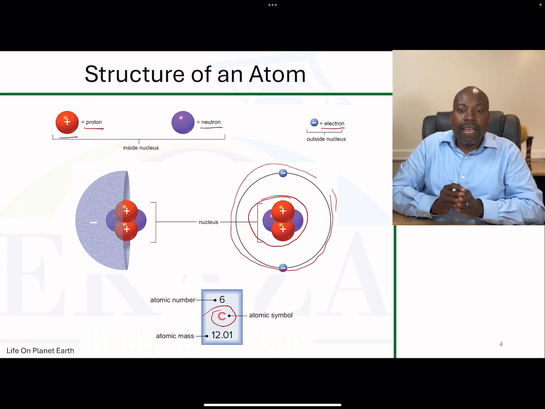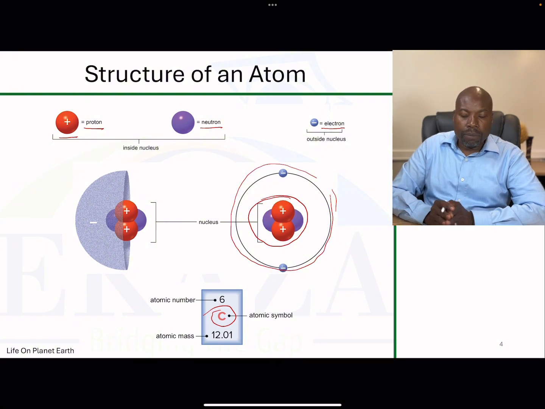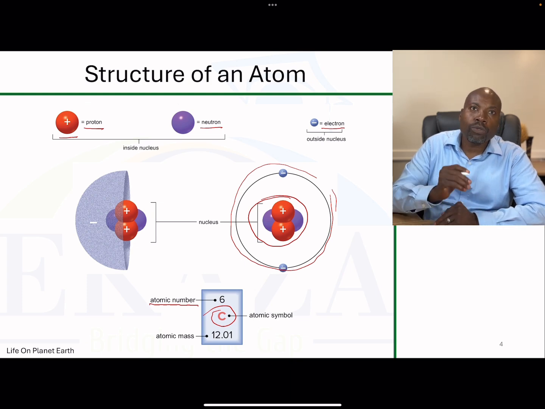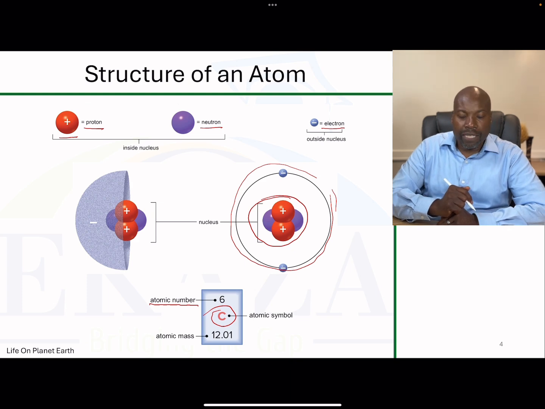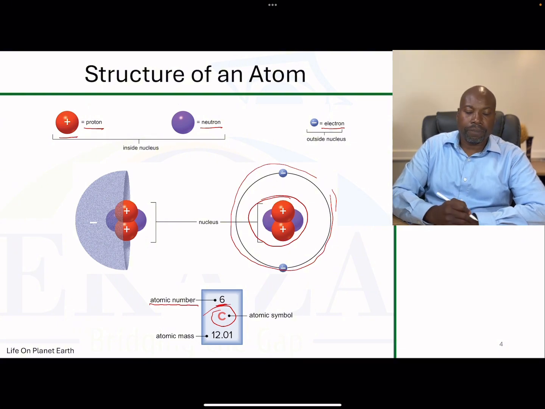Right? Then, in addition to the symbol of an atom, we are going to have what we call the atomic number. The atomic number is always written at the top of the atomic symbol. That number for carbon is 6.